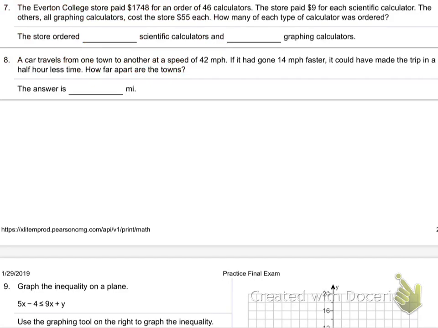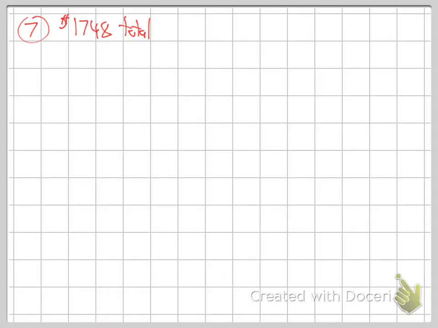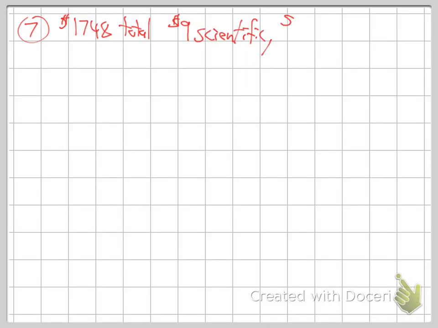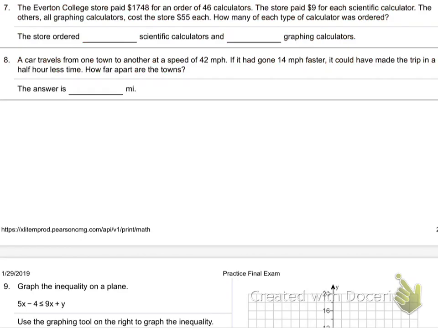It's $17.48 total. $9 for the scientific. 55 for the graphing. And did it say how many calculators? Oh, 46. 46 calculators.